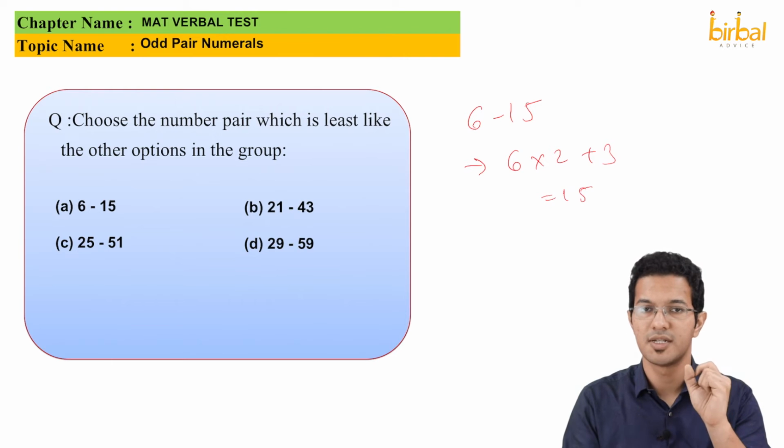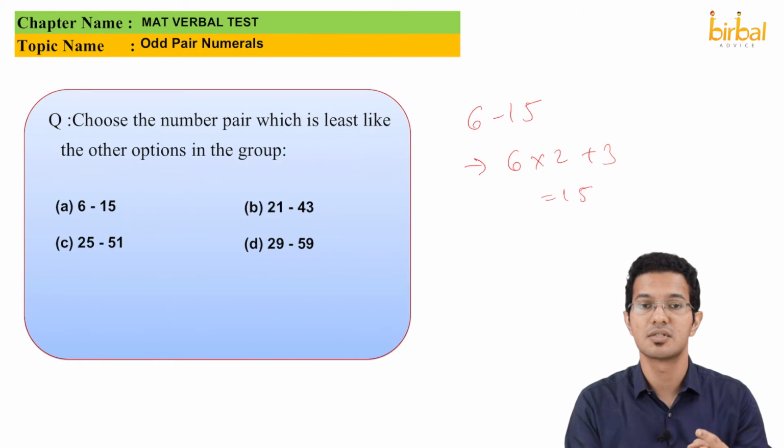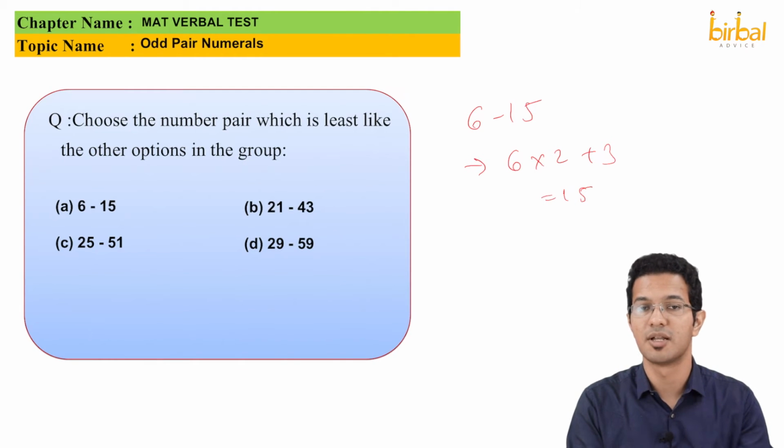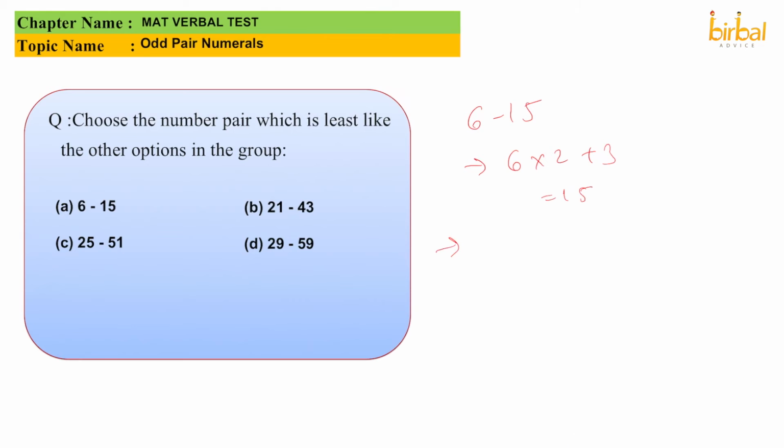If we see the option A, which is 6 and 15, we can say that 6 into 2 plus 3, which is 12 plus 3, is giving me the number 15. Let us check out if the similar pattern is in option B, C and D. Option B gives me 21 into 2 plus 1, which is giving me 43.